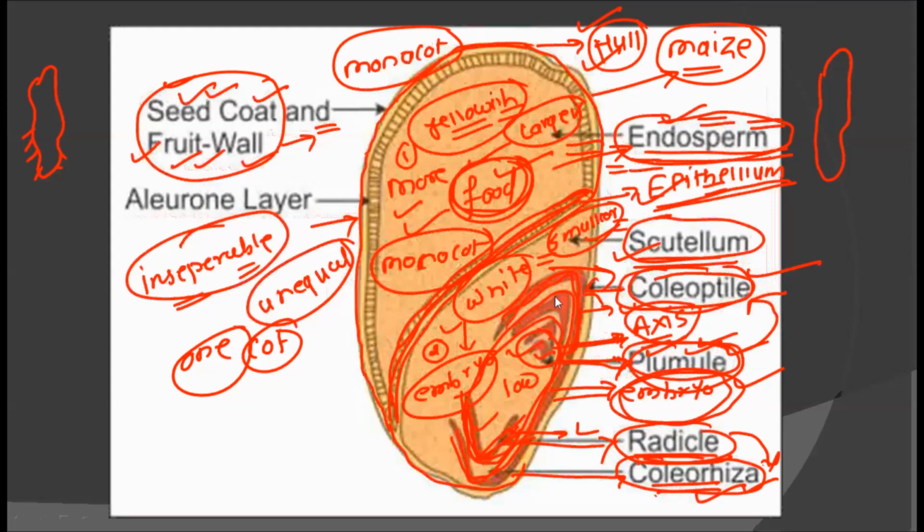This embryo again has two parts, the scutellum and the axis. This axis again has the upper axis and the lower axis. In the upper axis we have the plumule, in the lower axis we have the radicle, and the protection for the plumule is called the coleoptile, and the protection for the radicle is called the coleorhiza. So these are the structural features of the monocot seed.